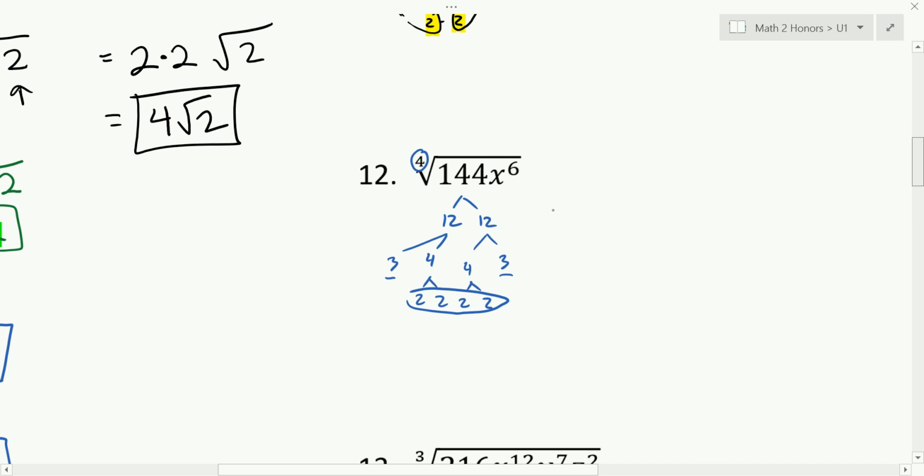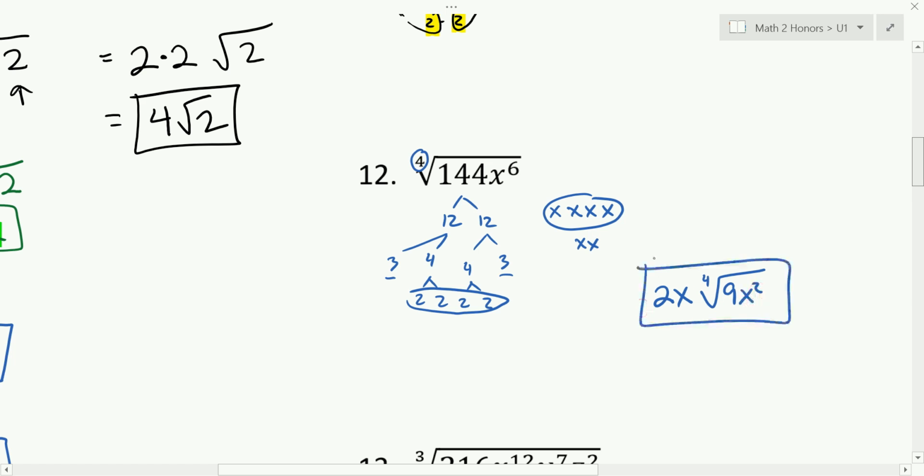And then I have 6 x's, but I'm looking for 4. I got 2 left over, and so it's going to be 2x because that's what I circled. 2x, and then everything else is underneath the 4th root. So 4th root of 9, because 3 times 3 is 9, x squared. That's the answer that you're looking for.